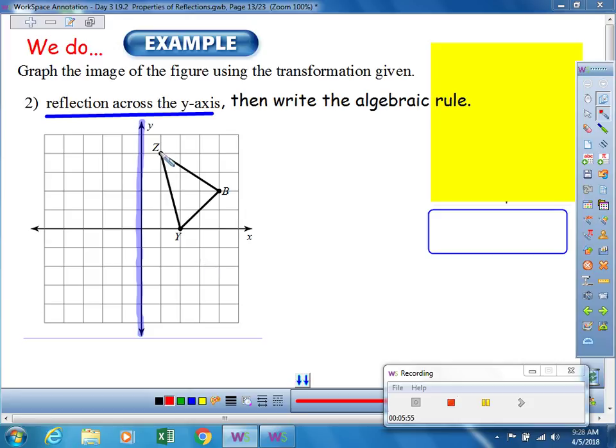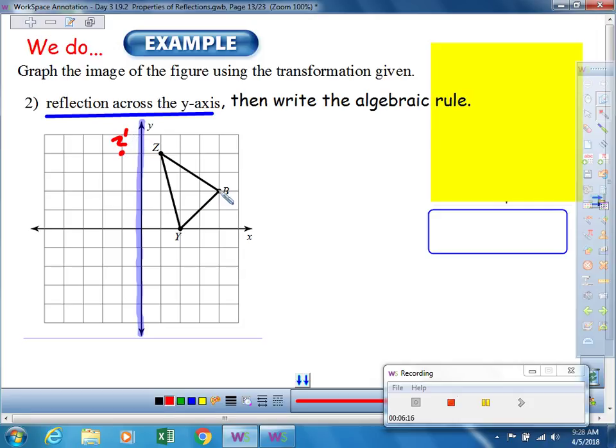So what you do is you take a point, start anywhere you want. You take a point and you count towards the line of reflection. So how many spaces is it? 1. So you just go one more onto the other side, plot the point, label it Z prime.